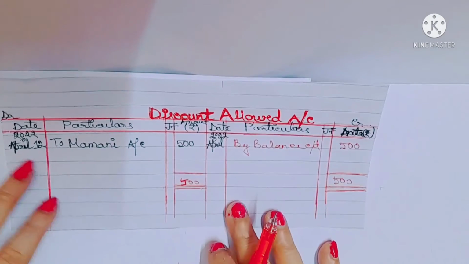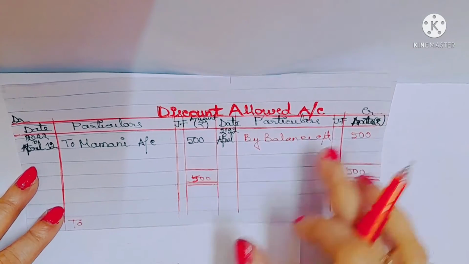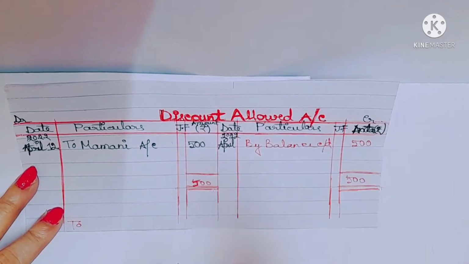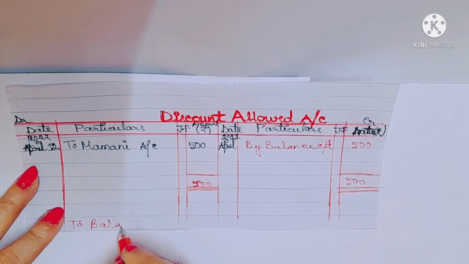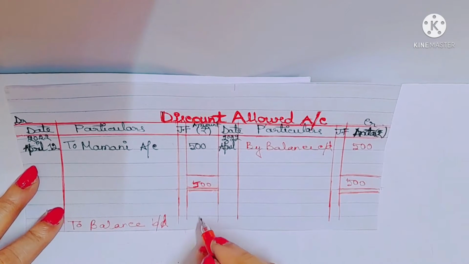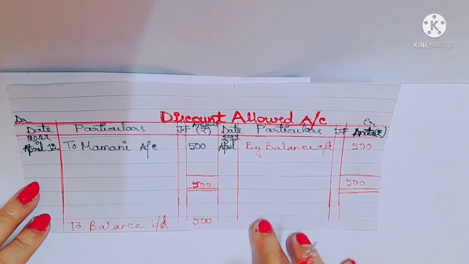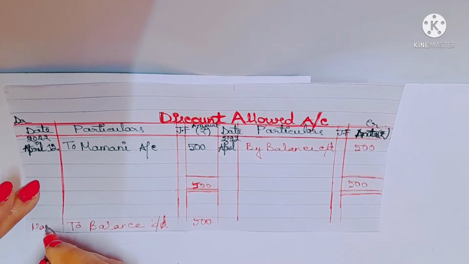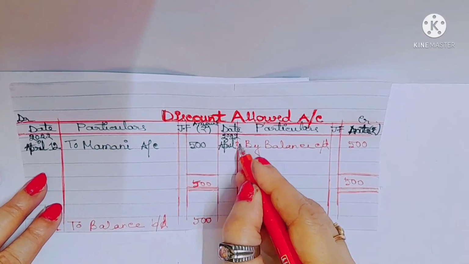Now what do we have to do? This by balance CD is on the credit side, so on the opposite side, the debit side, we will write to balance BD. This is the rule. The same amount, 500. The date will be May 1st, and the CD date will be 30th April.